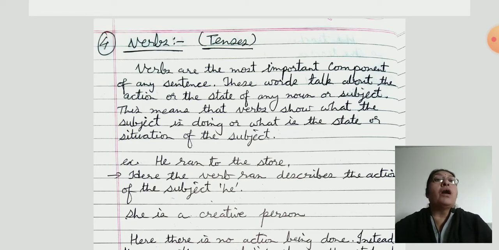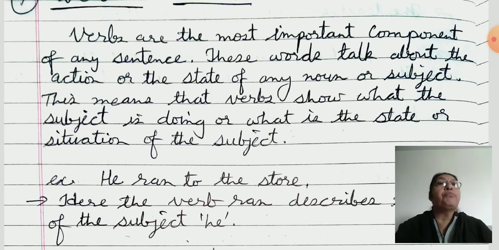Here, verbs are the most important component of any sentence. These words talk about the action or the state of any noun or subject. We studied now about verb, main verb and auxiliary verb. Action word.